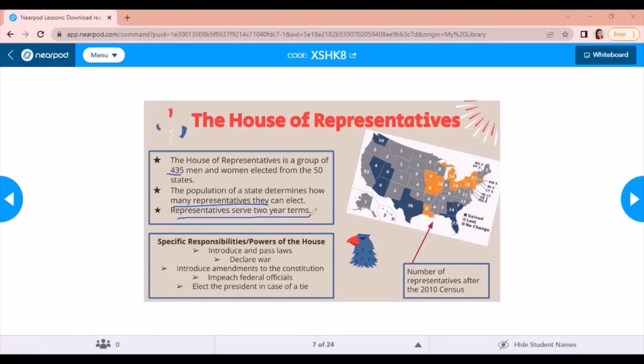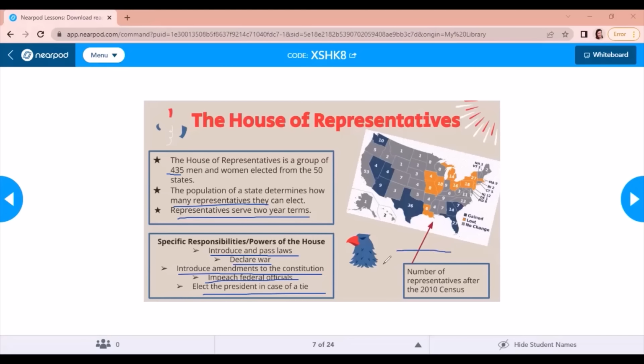Representatives serve 2-year terms. Specific responsibilities and powers of the House: introduce and pass laws, declare war, introduce amendments to the Constitution. That means you can change the Constitution. Impeach federal officials. Elect the president in case of a tie.